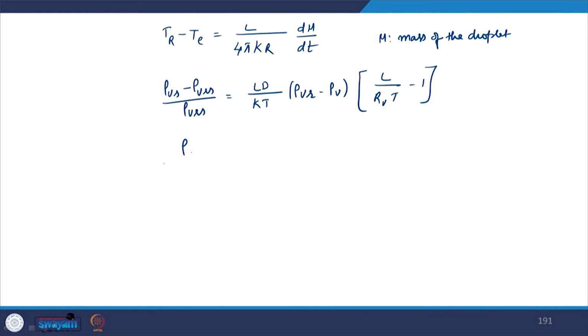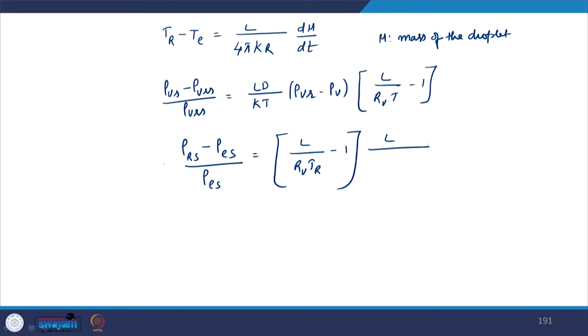or (rho_rs - rho_es) divided by rho_es is equal to (L/(R_v T_r) - 1) times L/(4 pi K r T_e) dm/dt.